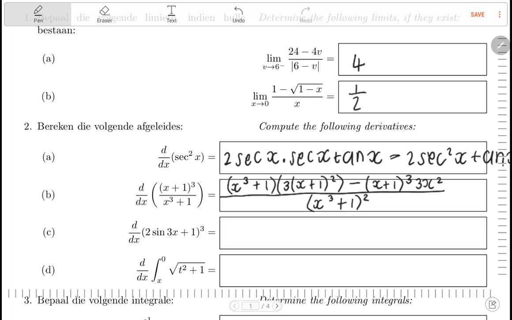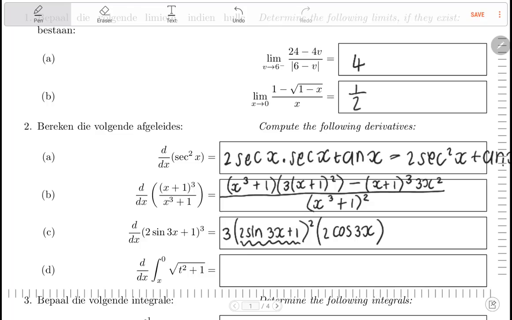Next, we have the derivative of 2 sin 3x plus 1 all cubed. Once again, we're going to use our chain rule. So we have 3 multiplied by 2 sin 3x plus 1 squared. We are not done. Now we still have to look at the derivative of the 2 sin 3x plus 1. This is going to be 2 cos 3x, but we are still not done.